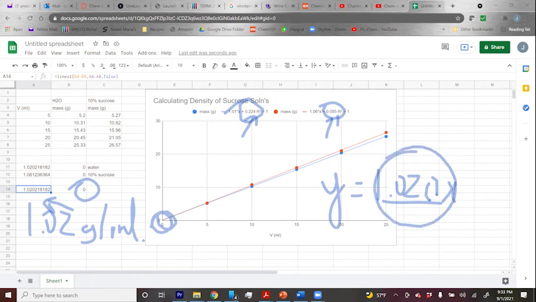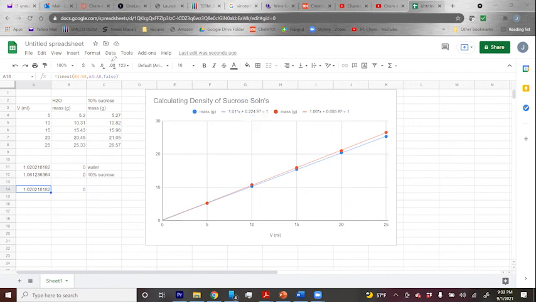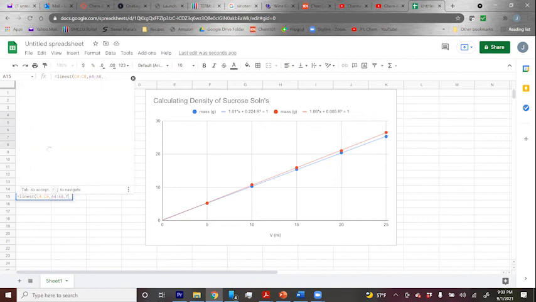And then we just do exactly the same thing for my 10% data. So I go equals LINEST brackets. Where's the y data for my 10%? There it is. Comma. There's my x data, which would be the same for everybody. Comma, false.